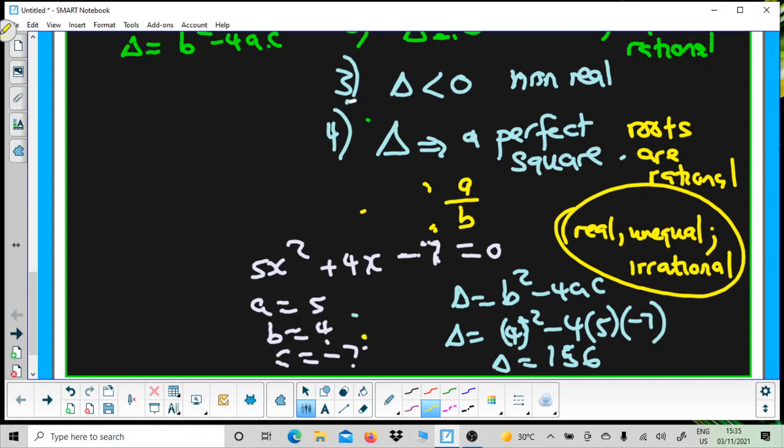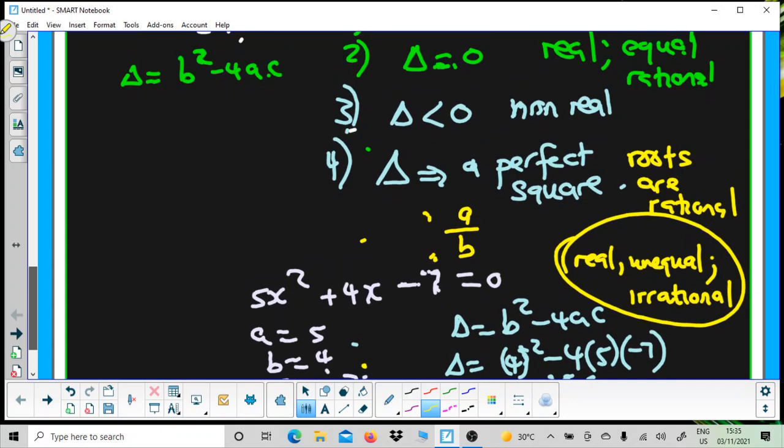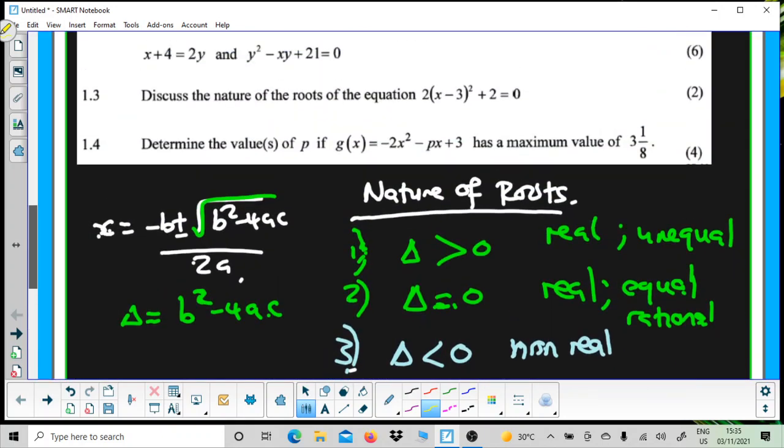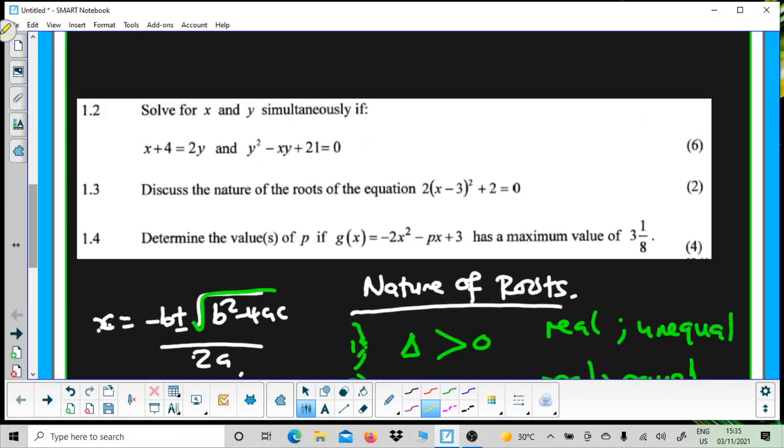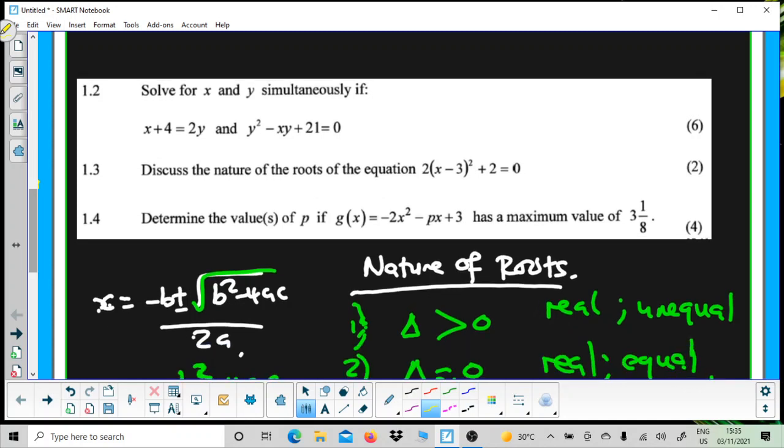Let's go and answer the question now. That's the theory I needed to remind you first. All right, from here, let's go now to whatever this question is asking you about. Now we have to discuss the nature of roots for this equation over here. Is it in standard form, people? Can we see A, B, and C easily from there?